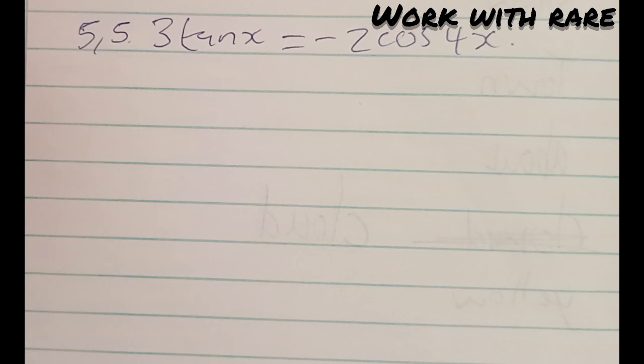Without using a calculator, show that sine 4x is equal to negative 0.4 is the only solution to the above equation. Better go with me, let's go step by step.